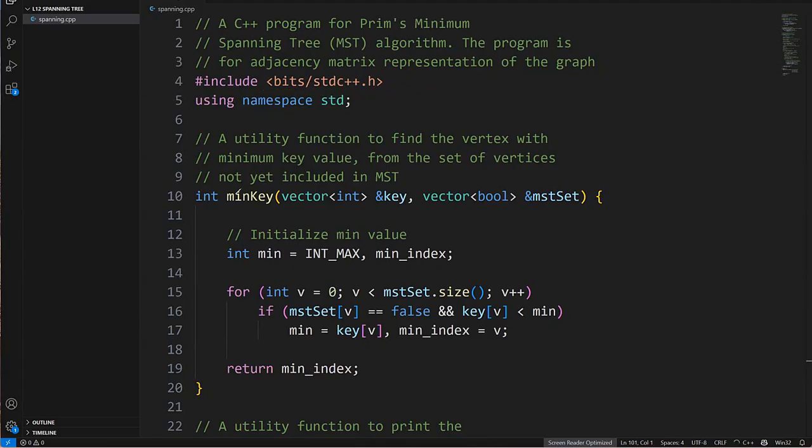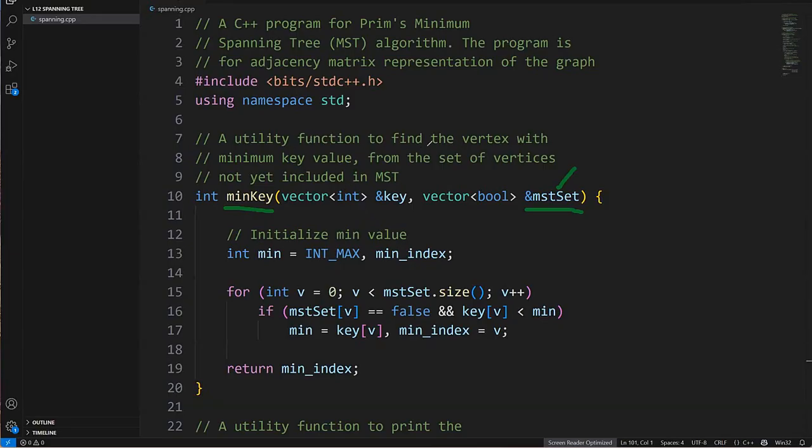Now you have a function that's called minKey. Okay, so you have a vector of integer as key, and then there is a vector of Boolean, let's say minimum spanning tree set. Okay, so this minimum spanning tree set, I think, is representing who is in, who is out. So you pass these two values in there.